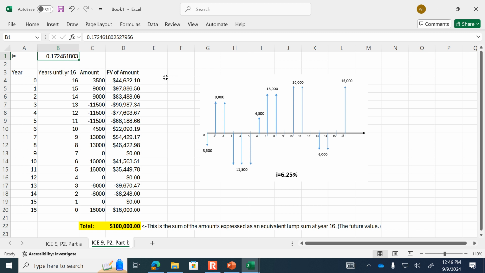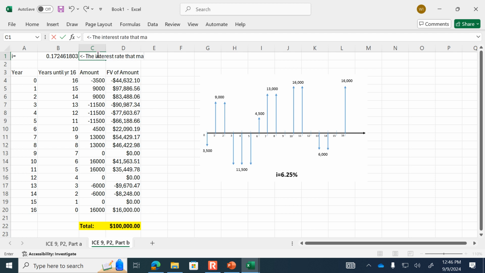All right, so now our answer would be a little bit different. The answer is the interest rate that makes the future value equal to 100,000 is 17.25%.